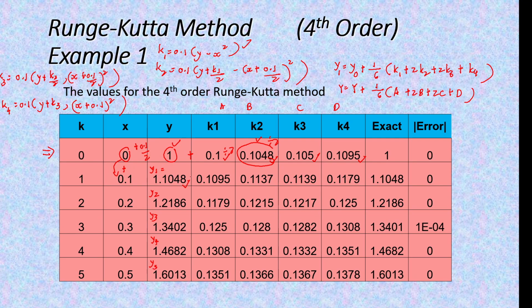You need to recalculate K1, K2, K3, K4. When K equals 1, the x and y values will be from the same row, which is your x1, y1. When K equals 2, the x and y values are actually x2, y2, and so on. So the process is repeated.